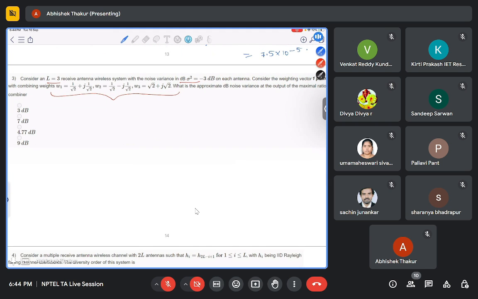So basically the noise power is given as sigma square norm of W square. This we have studied.